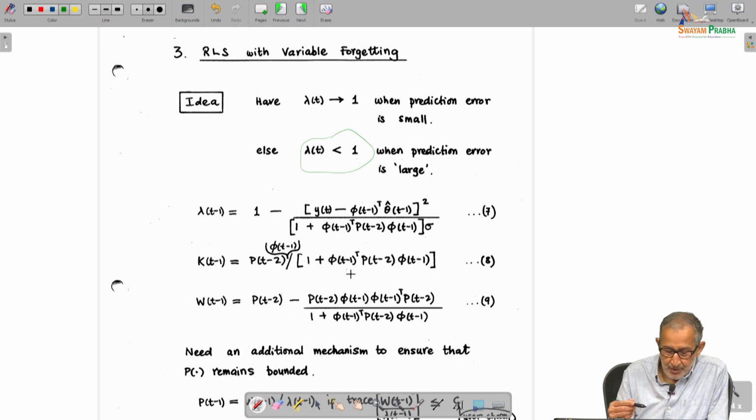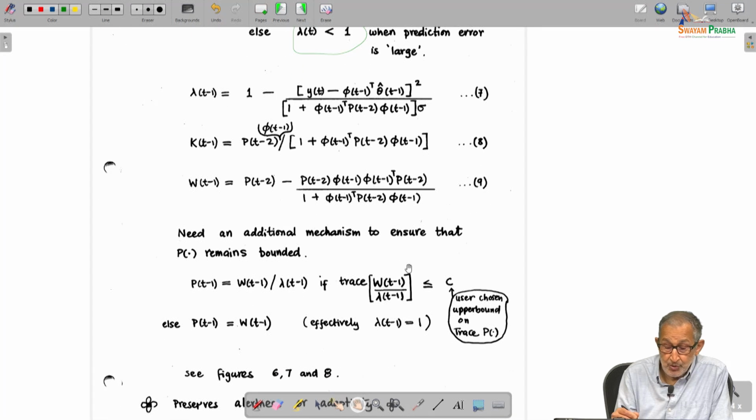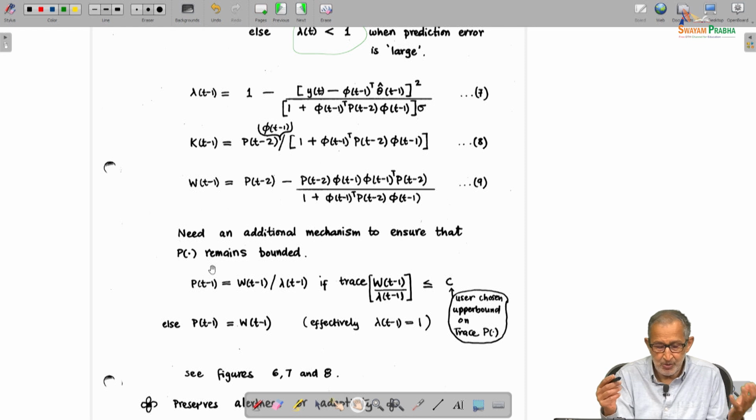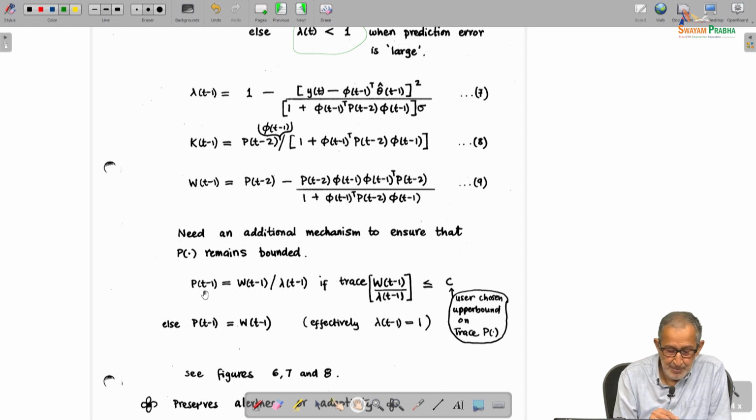And we also need this additional mechanism. We have this weighting matrix W to ensure that P remains bounded. It does not become unbounded. And for that we say P t minus 1 is this update divided by lambda t minus 1. Okay.